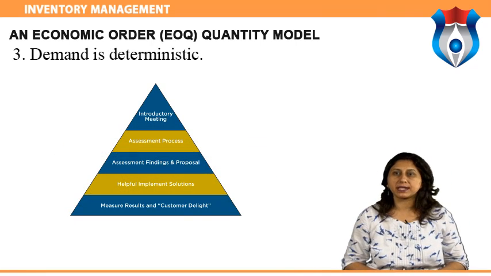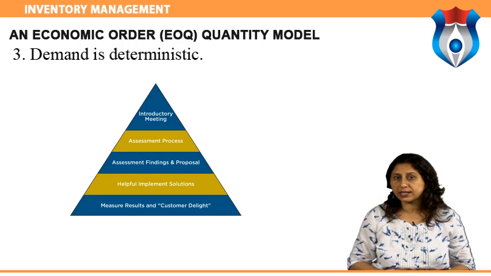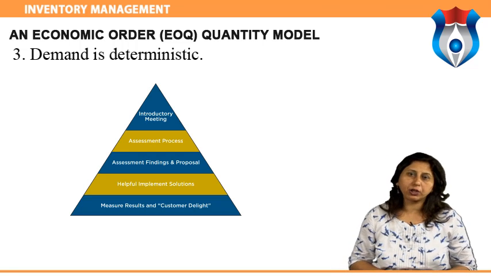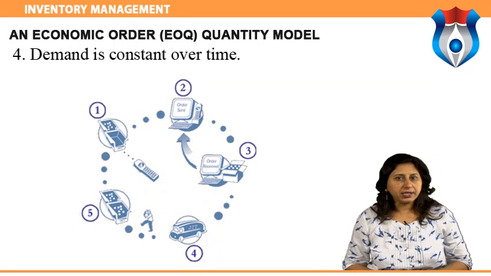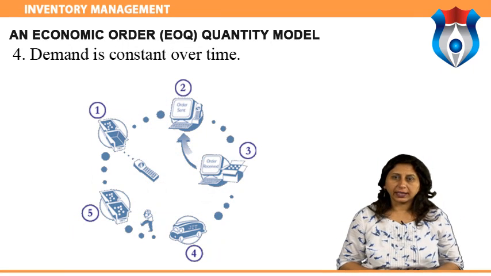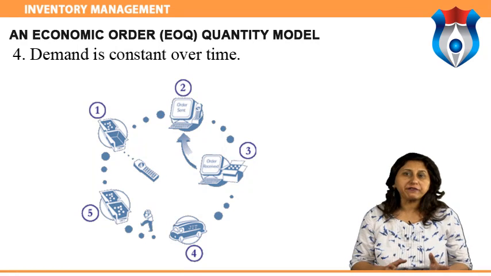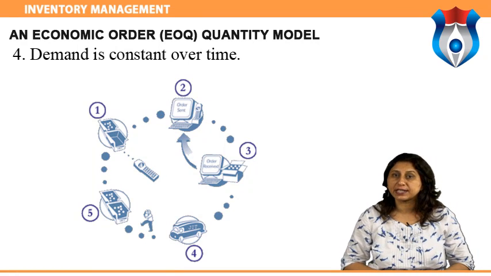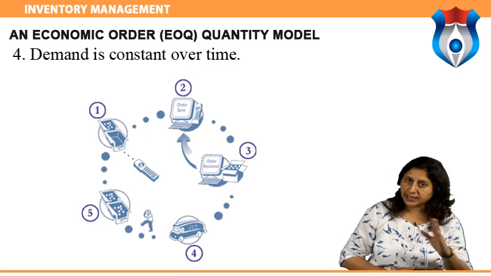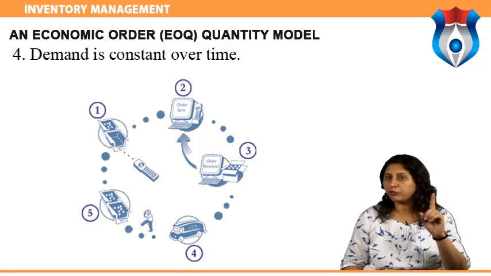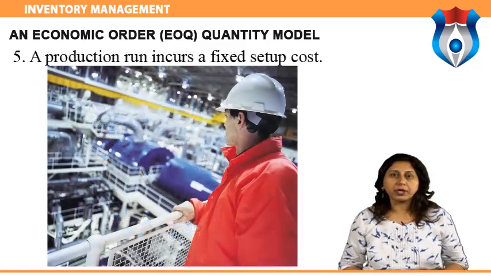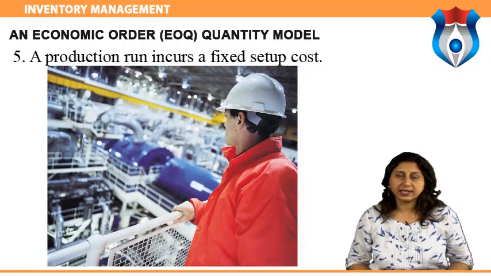Demand is deterministic, there is no uncertainty about quantity or timing of demand. Demand is constant over time. In fact, it can be represented as a straight line so that if annual demand is 365 units, this translates to a daily demand of 1 unit. A production run incurs a fixed setup cost.